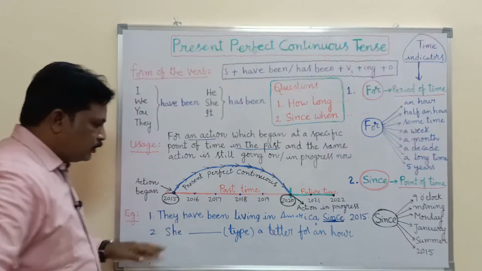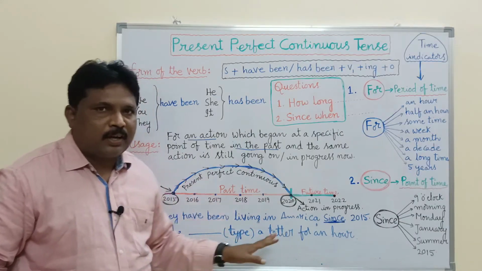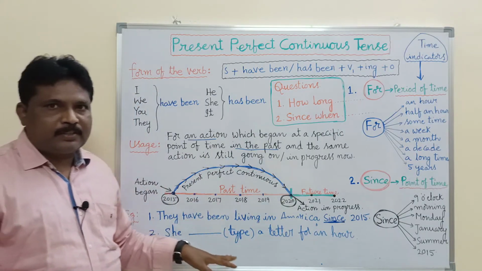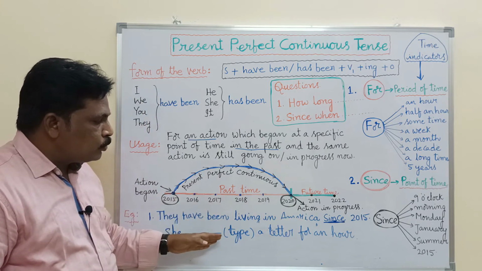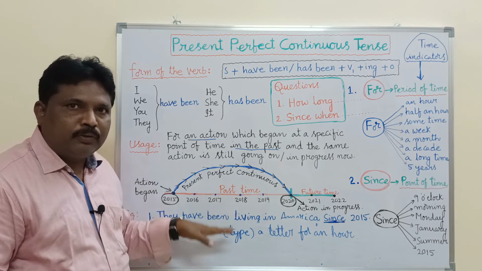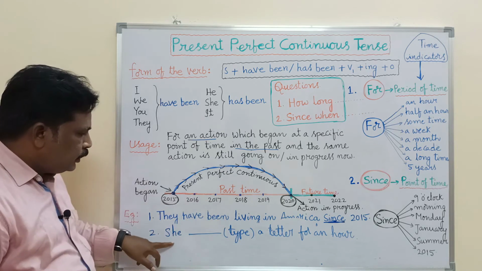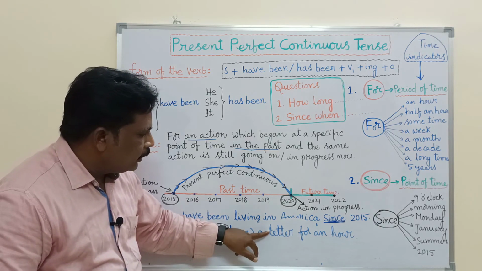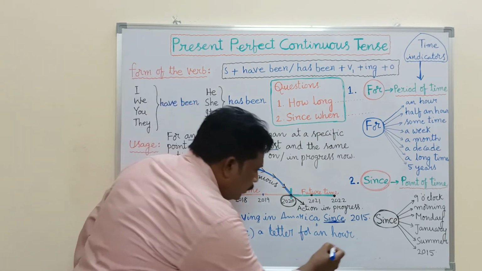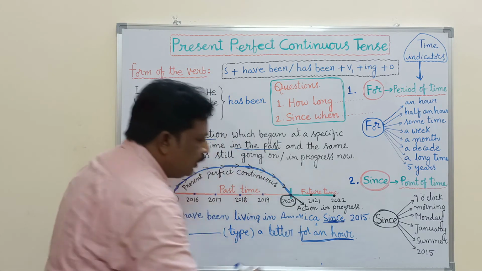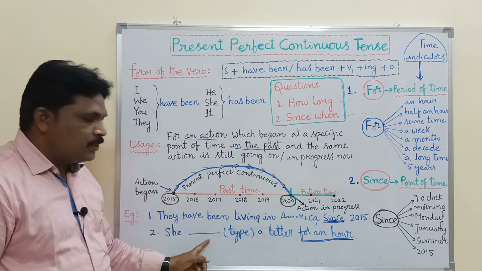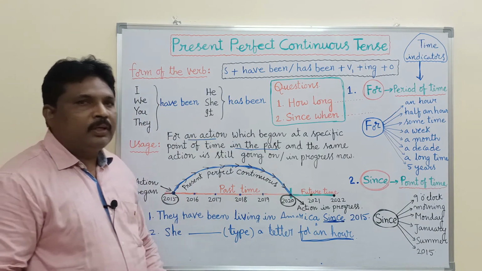This is the question. This is the way the question is asked in public or competitive examinations if they want to test the students on present perfect continuous tense. See, she dash type a letter for an hour. Here the period of time is the time indicator.